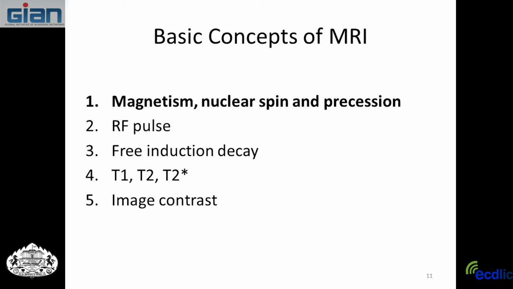We're going to talk about the RF pulse and the free induction decay. We're going to talk about some of the contrast parameters that are used in MRI, which are T1, T2, and T2 star. And then we're going to talk about how these contrast parameters are used to be able to see different tissues in the image.